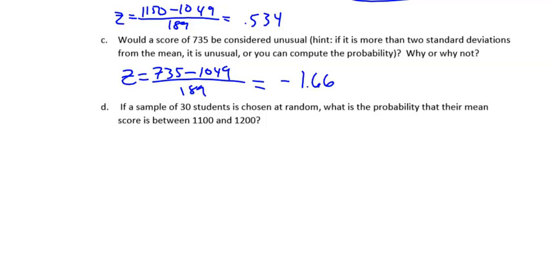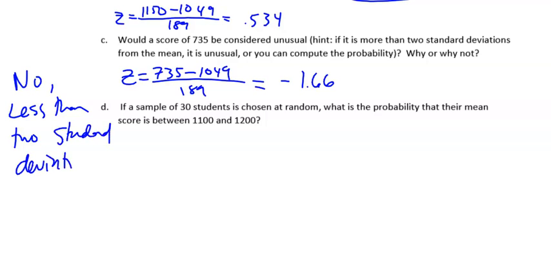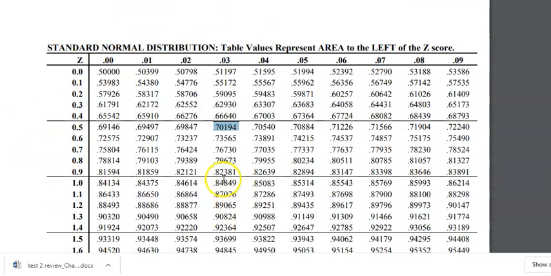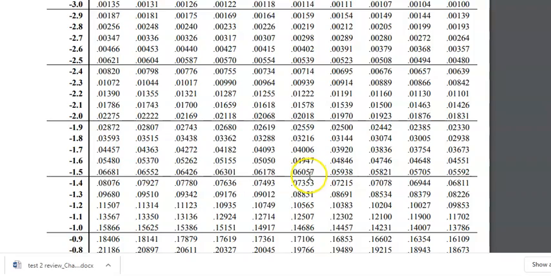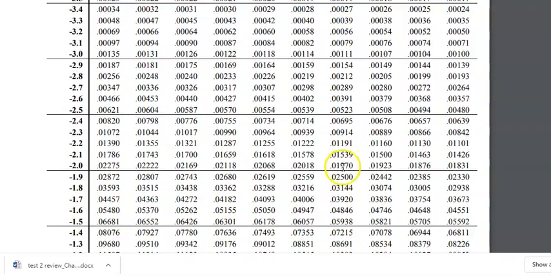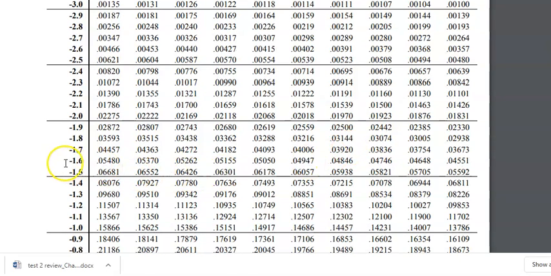So that's not unusual. The answer would be no, less than 2 standard deviations from the mean. We could also calculate the probability. It would be negative 1.66, so the probability of getting less than that is at negative 1.6, then 0, 1, 2, 3, 4, 5, 6, right here.